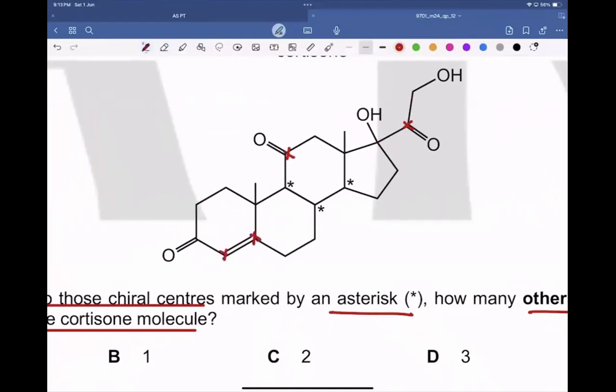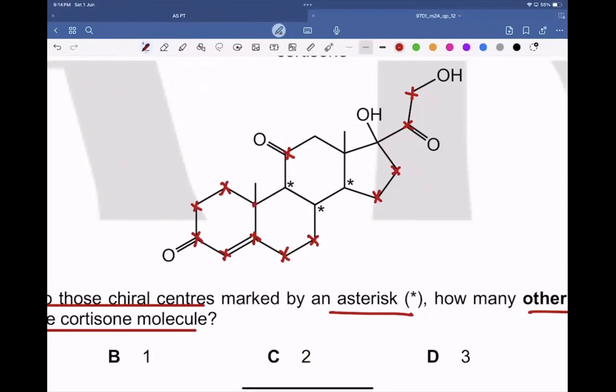This is not chiral, this is not chiral, this is not chiral, because all of them have a pi bond, right? This is not chiral because it has two hydrogens. All of them are not chiral because they have two hydrogens. In the same way, this and this also don't show chirality because they have two hydrogens each.